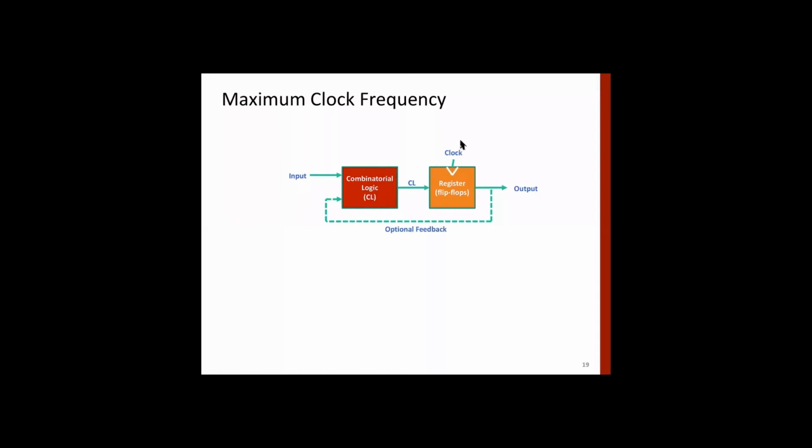So we have the combination logic block here. It could be an adder or whatever, and then output is available here, and that gets registered into the register. And of course the state of this can be used to give input to the combination logic, which is optional.